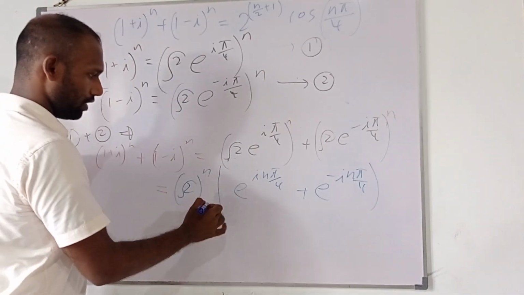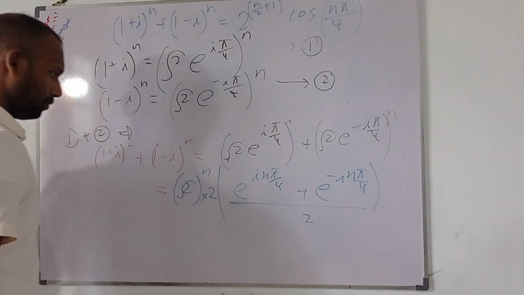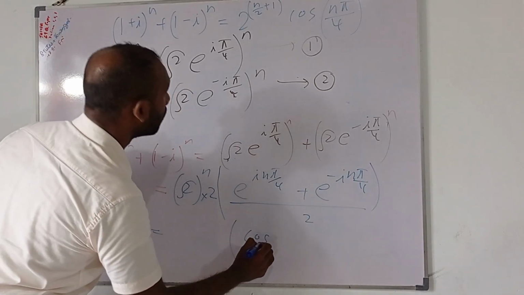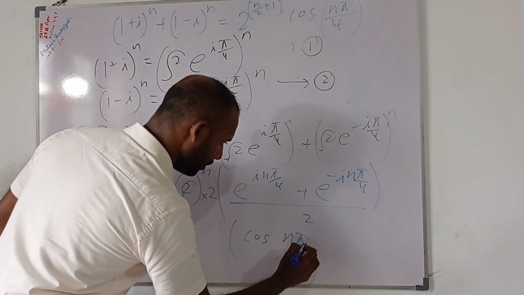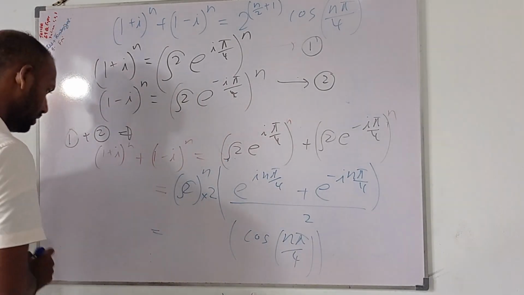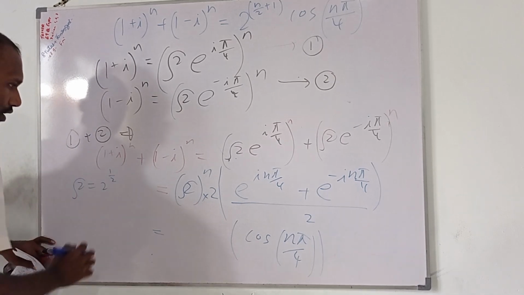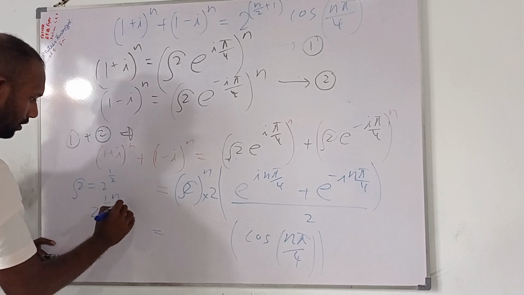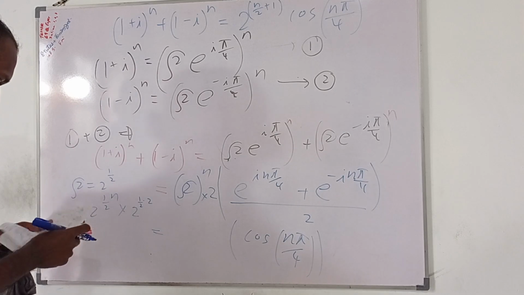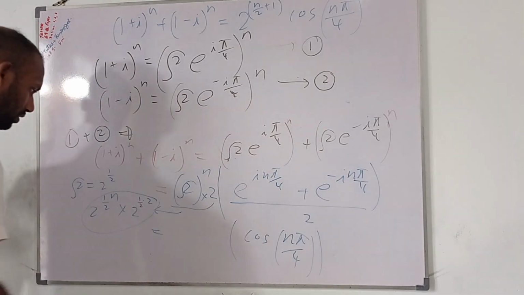Then I multiplied these 2 and divided by 2. So this is cos n pi by 4, and this is root 2 equals 2 to the power half. So 2 to the power half times n. So we can write this as this.